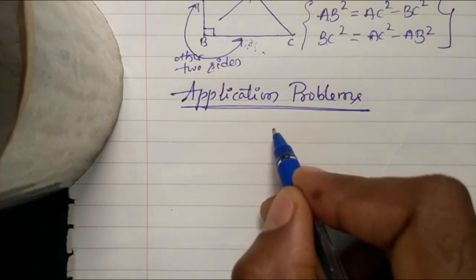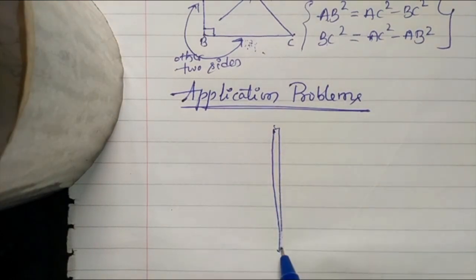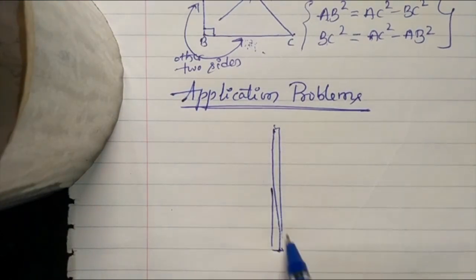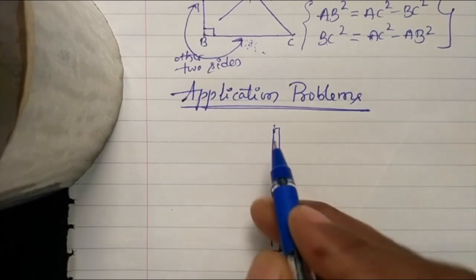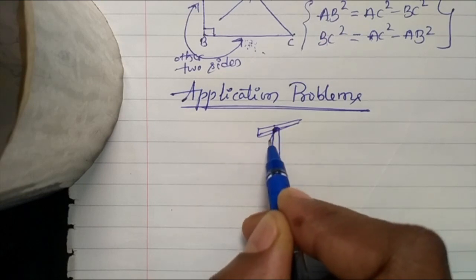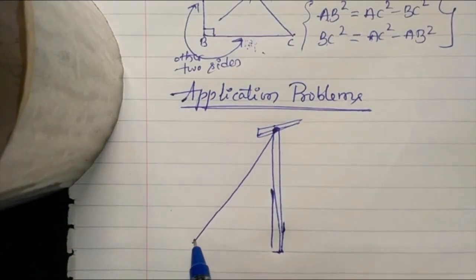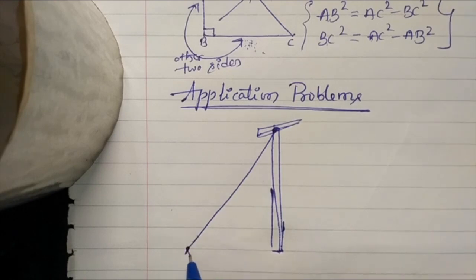So this is the electric pole, and its top is tied with the guy wire and fastened on the ground like this, to give support.